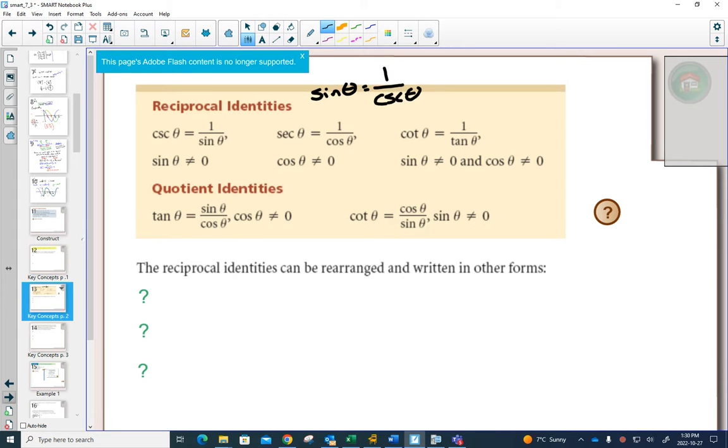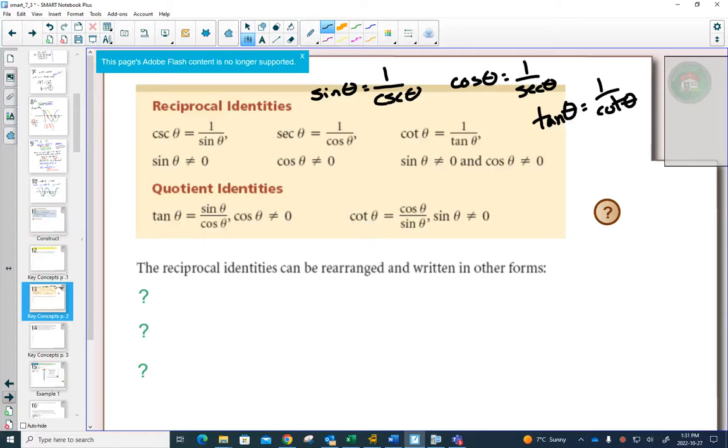If cosecant is 1 over sine, then sine is 1 over cosecant. If secant is 1 over cos, then cos is 1 over secant. And if cotangent is 1 over tan, then tangent is 1 over cotangent.